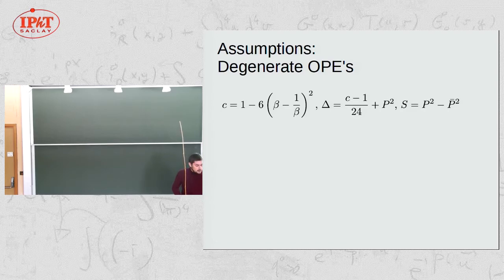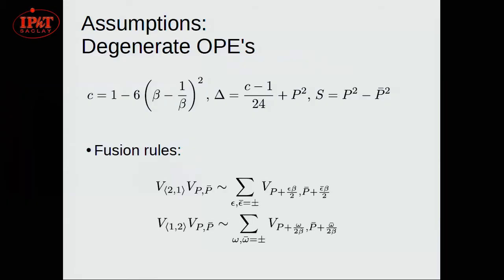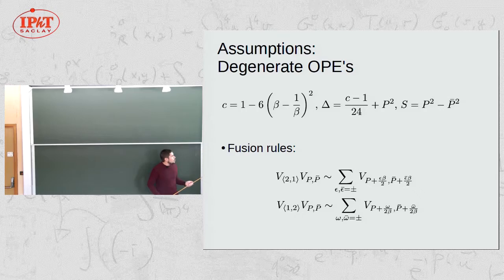Now, in terms of this notation, we can express the known fusion rules involving degenerate fields, and we see that these fusion rules allow each OPE to have at most 4 terms, because we are performing a double sum on the indices epsilon and epsilon bar.